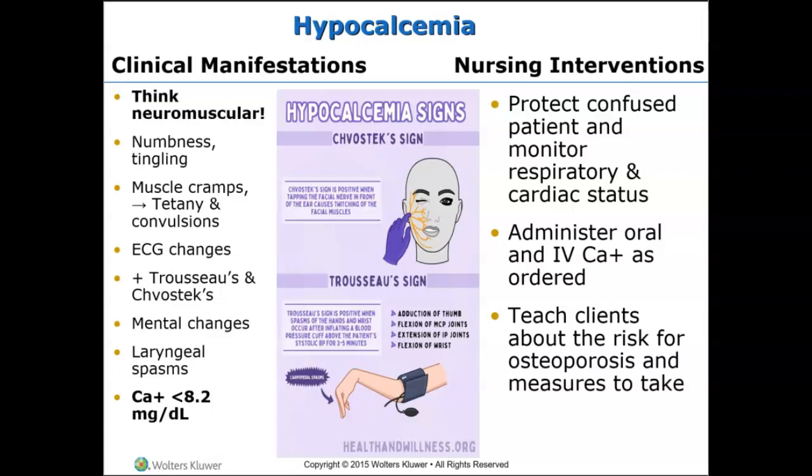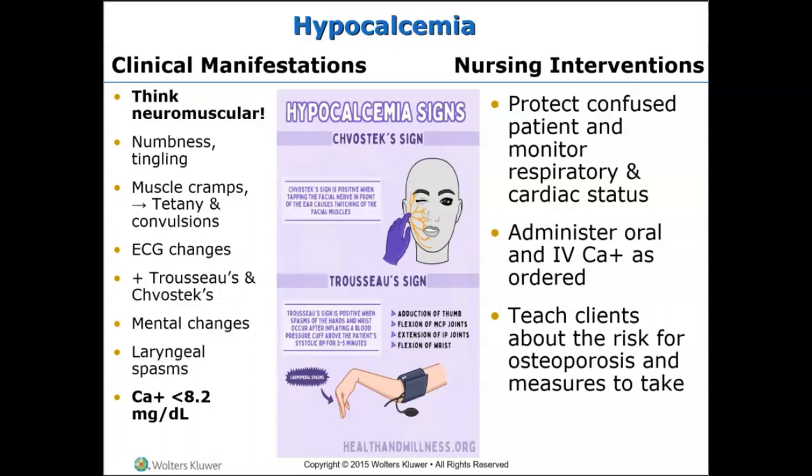Trousseau is when we literally pump up a blood pressure cuff above the patient's systolic blood pressure for 3 to 5 minutes, and then the patient will have a positive muscle spasm, right? So they get this adduction of the thumb, flexion of their joints, their hand turns in toward their body, and the flexion of that wrist occurs, okay? We call that a positive Trousseau sign.